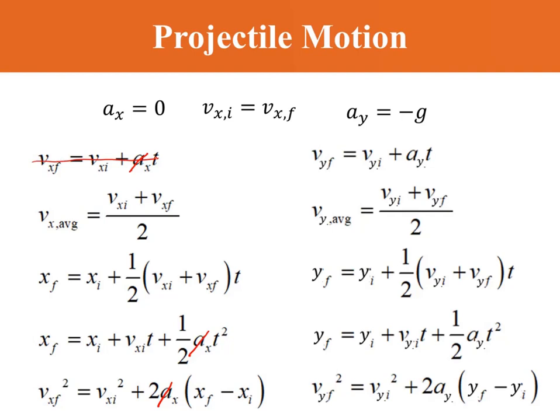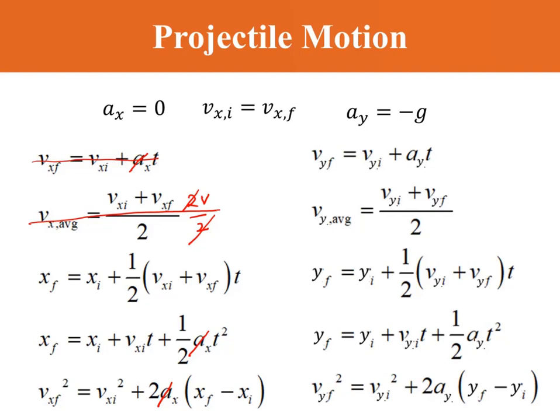The same goes with this equation: since vx final equals vx initial, as we add these two values they become 2v over 2, then cancel, and vx average equals v. This is also a statement, so it also cannot be used.